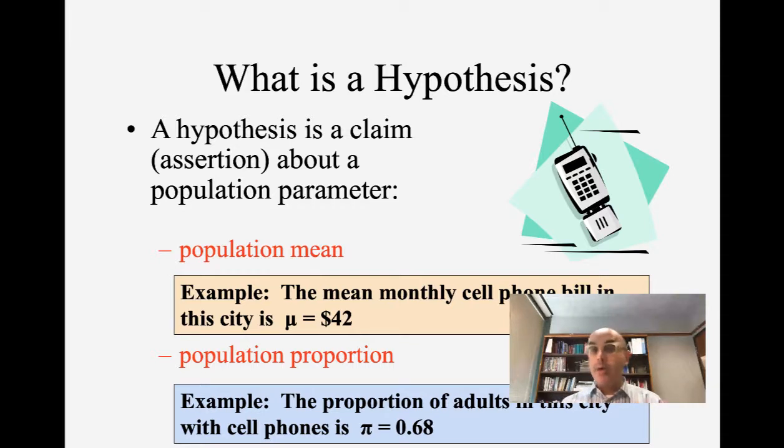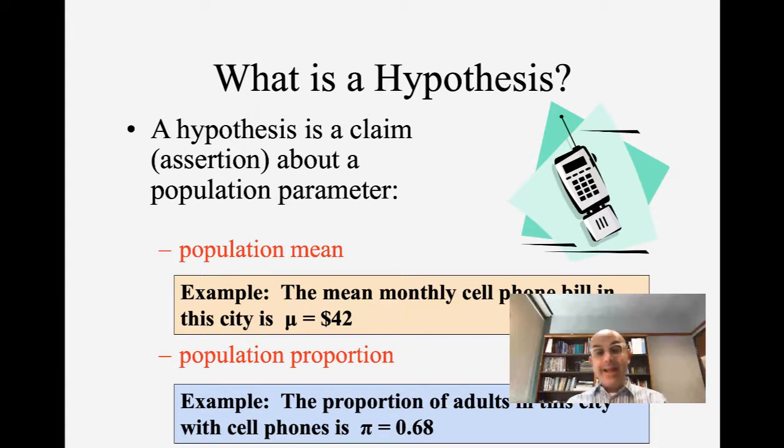What is a hypothesis? A hypothesis is a claim about something about the population. Example: the mean monthly cell phone bill in the city is mu equals 42. This is about the entire population. It's not about the sample.